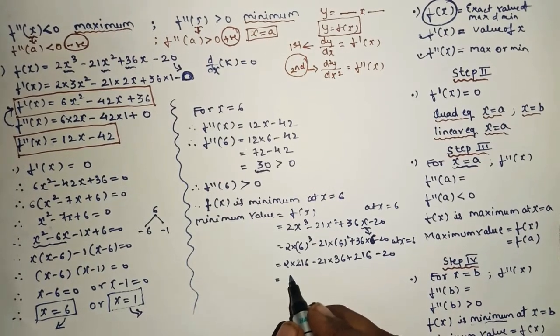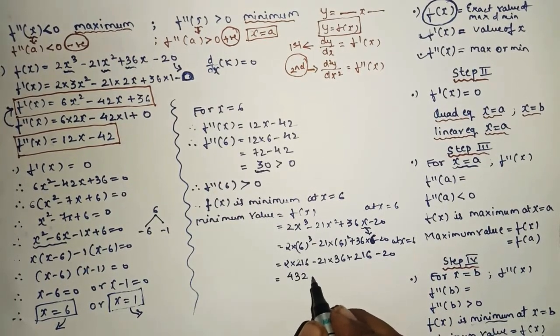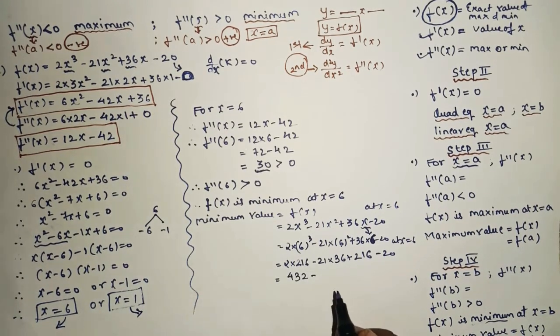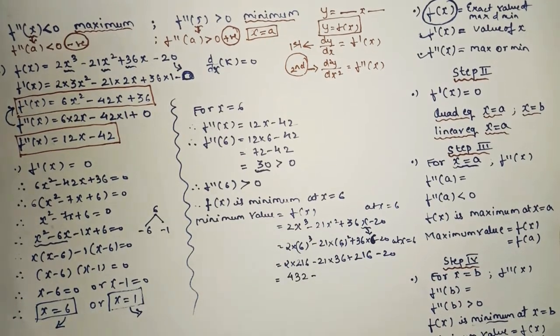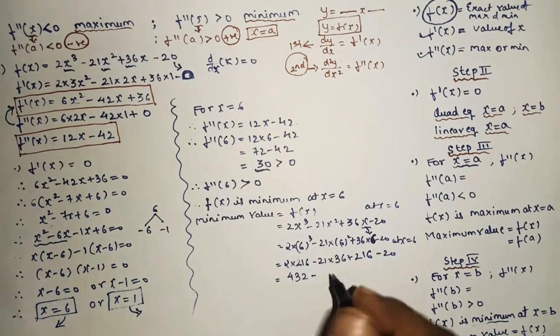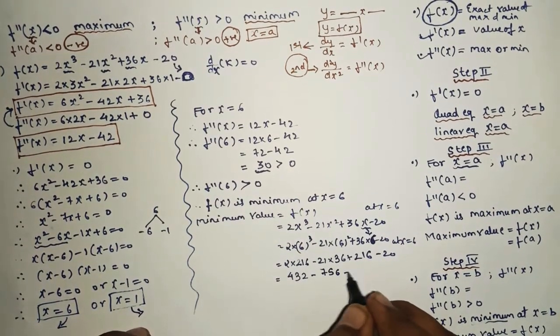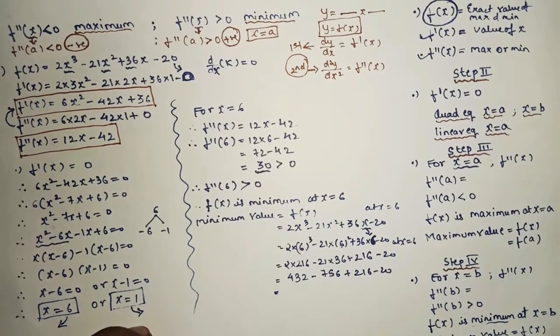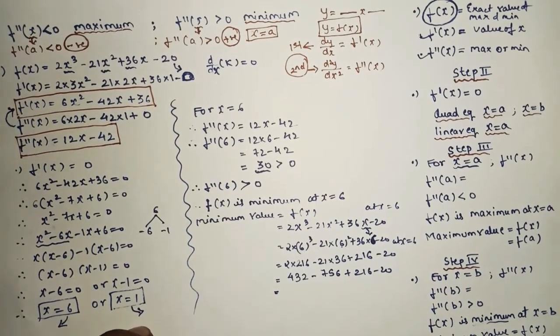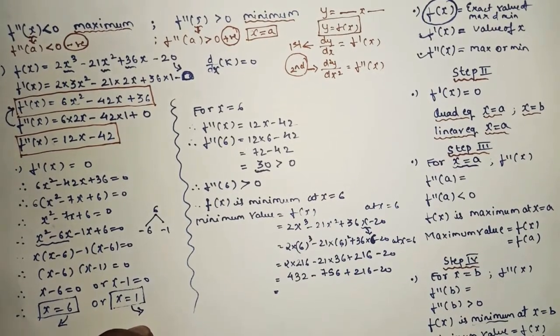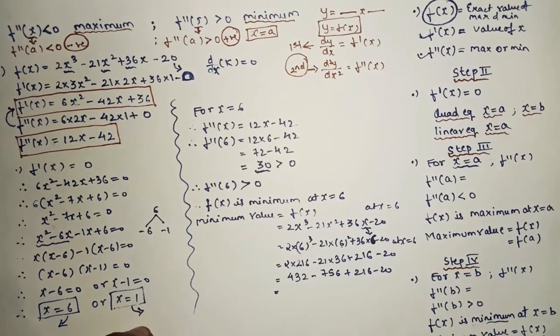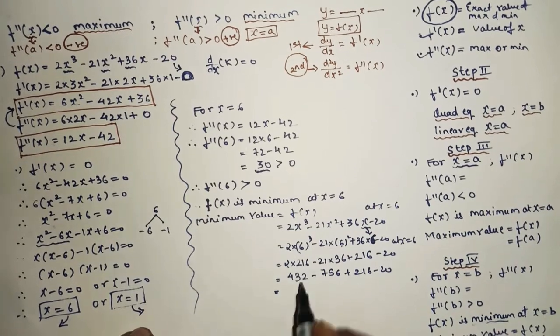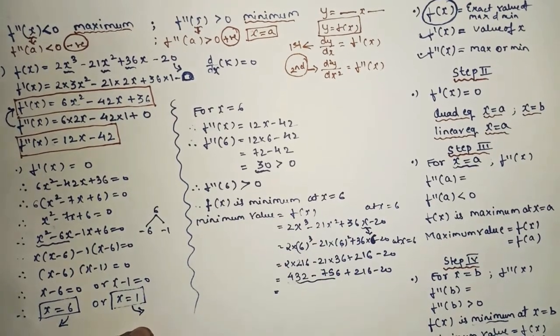So 2 into 216 you will get 432. 21 into 36 will be 756, plus 216 minus 20. When you subtract, 432 minus 756 will be minus 324... minus 332.